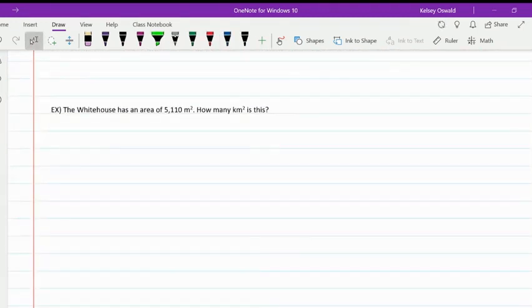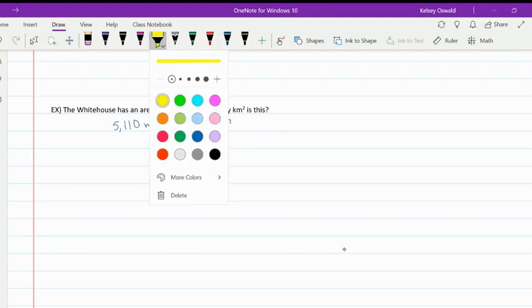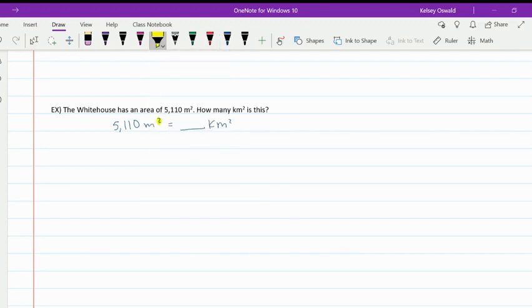In this one, we have the White House has an area of 5,110 meters squared, and we want to see how many kilometers squared this is. So right away, we should notice this one is a little different because we have this squared exponent here.